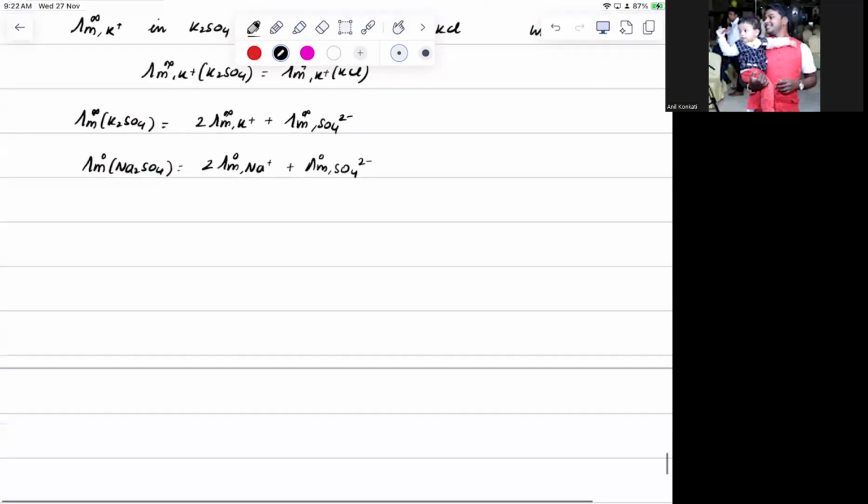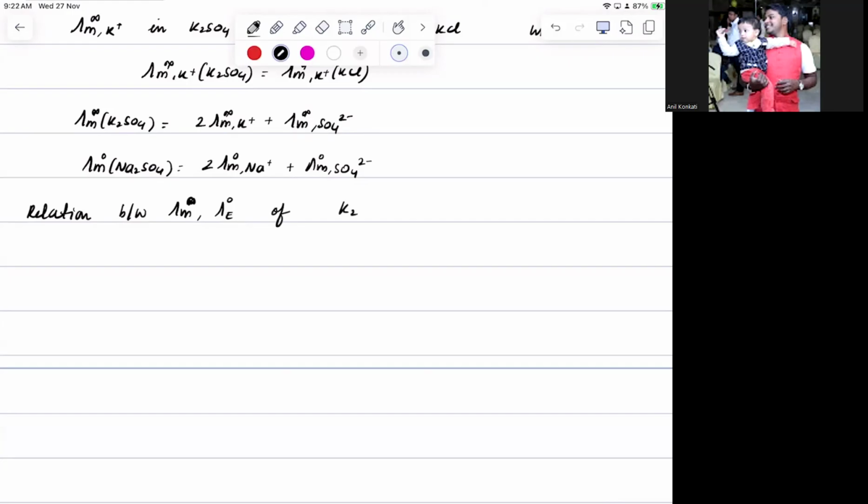You have to understand the relation between lambda m infinity, lambda m naught, and lambda e naught of any particular compound.